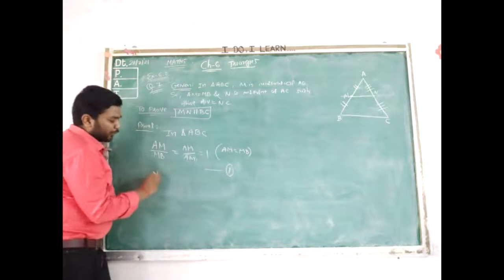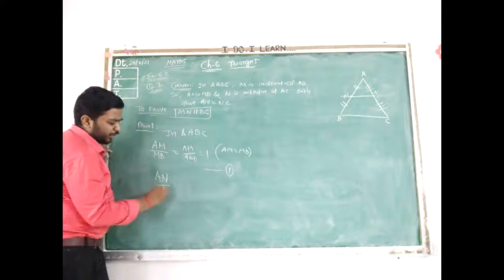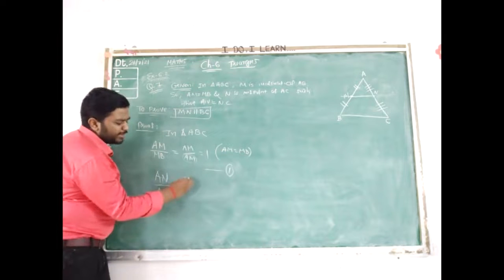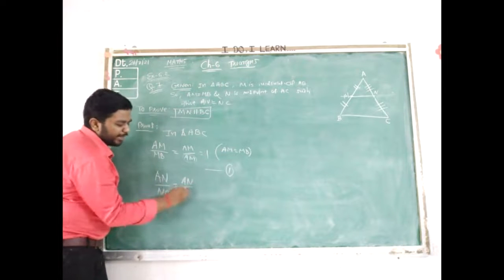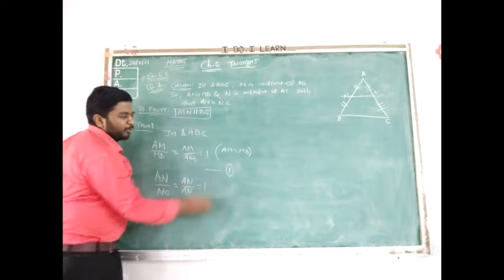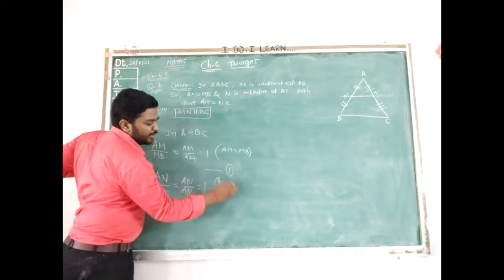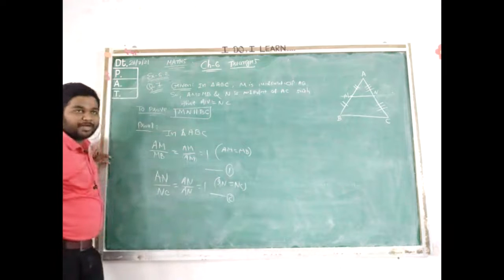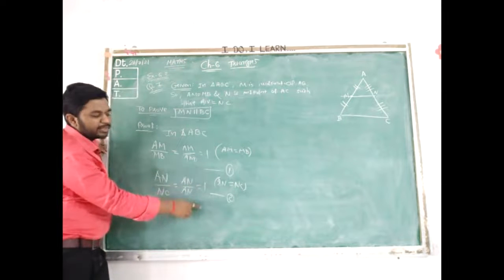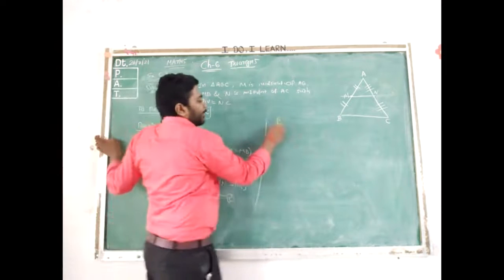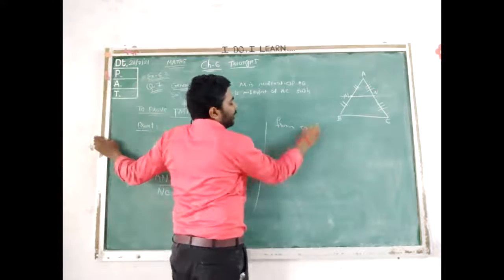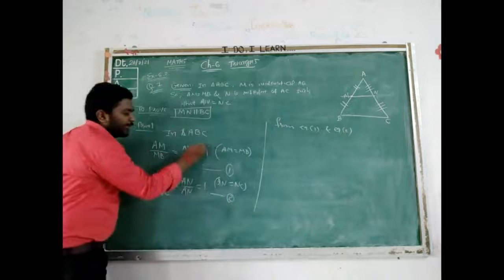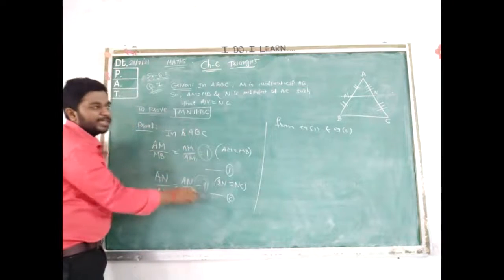Now also if I am talking about AN and NC, if I am finding the ratio AN upon NC, then AN I am putting as it is, but in place of NC I am writing AN, and this would also be 1 because AN is equal to NC, or you can write that N is the midpoint of AC. So this is equation 1 and this is equation 2. From equation 1 and equation 2, both have the right hand side equal, the right hand side is 1.